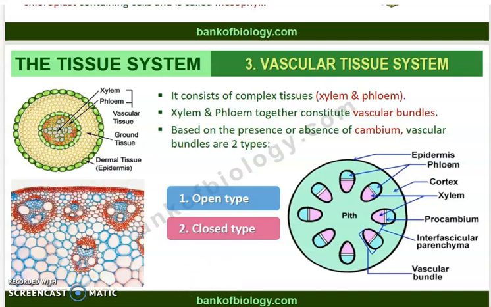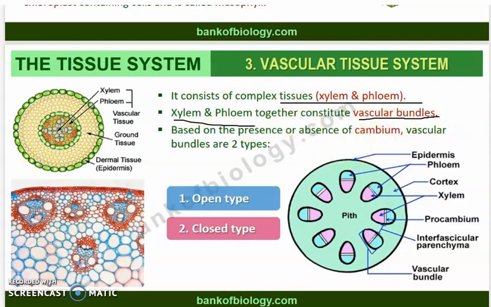We know that vascular tissues include the complex tissues, xylem and phloem, and together they constitute the vascular bundles. We commonly call them vascular bundles.